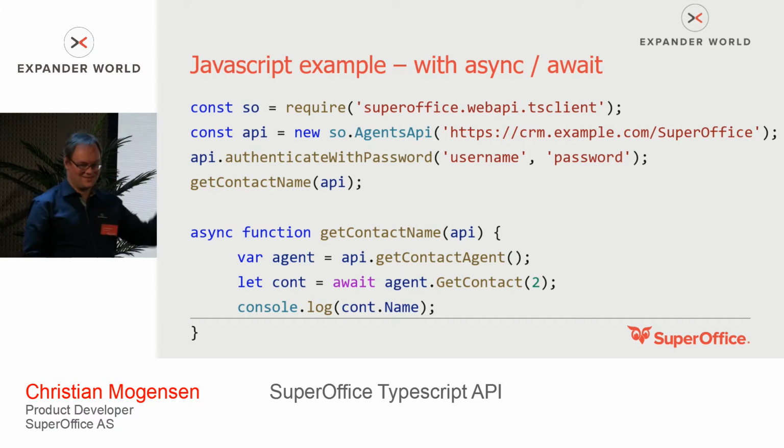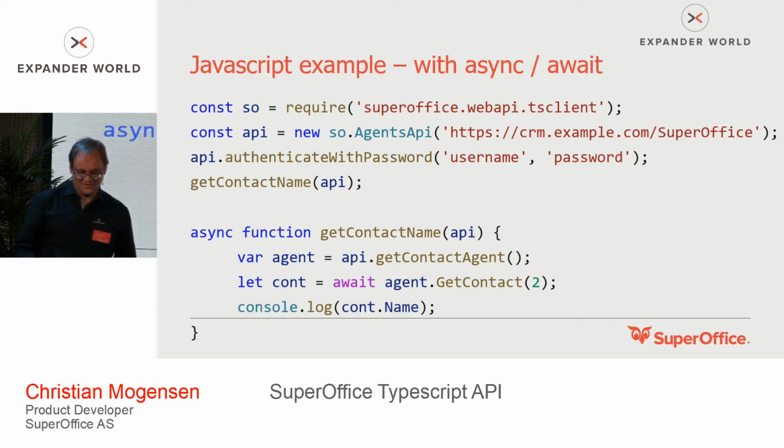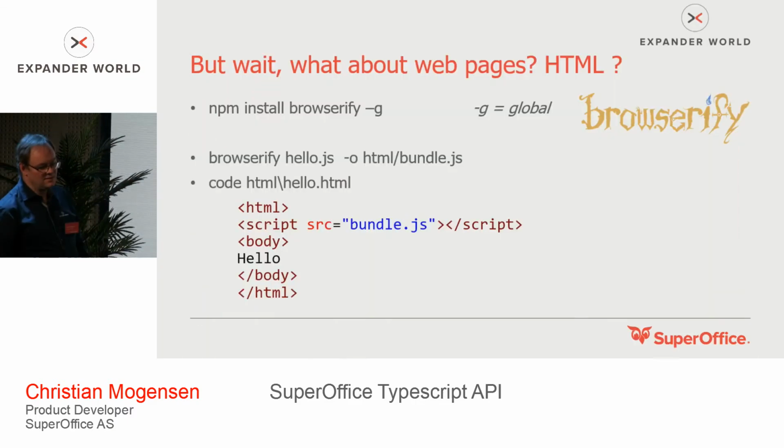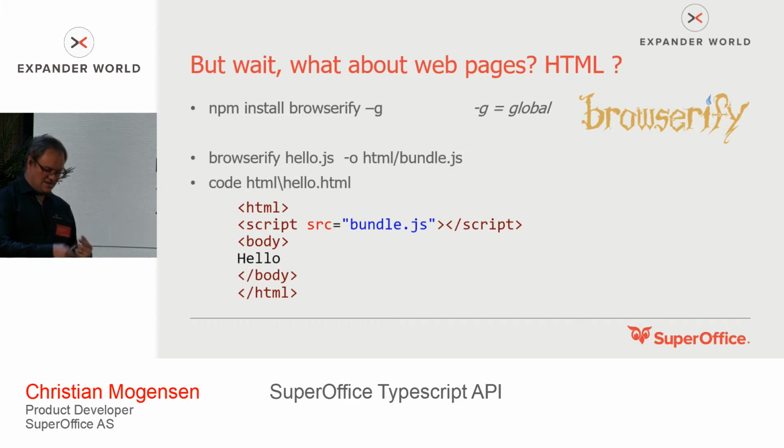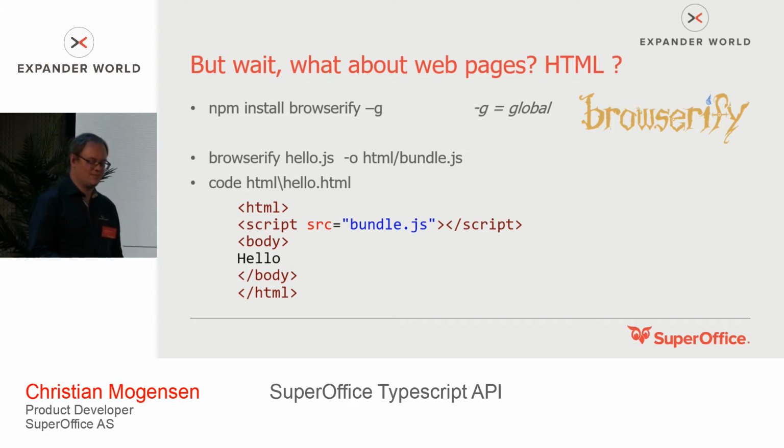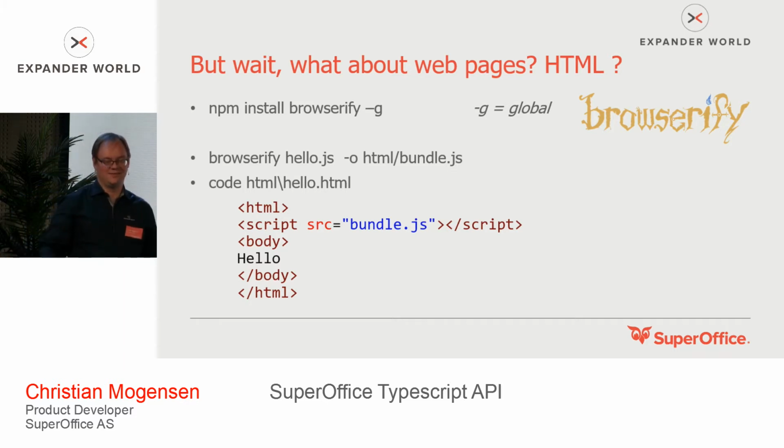It doesn't have access to the file system the way Node does. So what does it do? Browserify does the work for you on the server. It picks up all of the different modules that you've referenced or included directly or indirectly, and puts them all together in one giant JavaScript file.